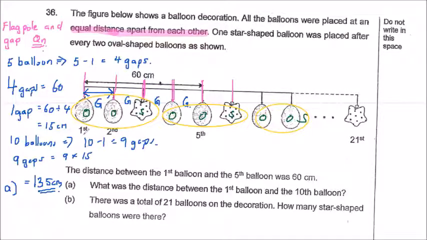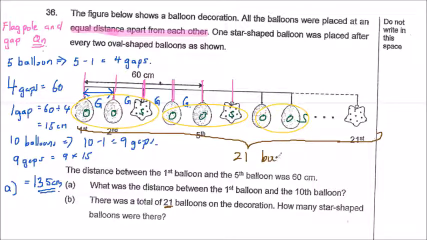Okay, so if in total I have 21 balloons, so how many groups are there? Then we check. So for part B, 21 divided by 3, I know that there are 7 groups.